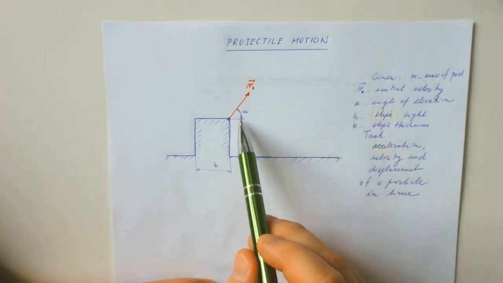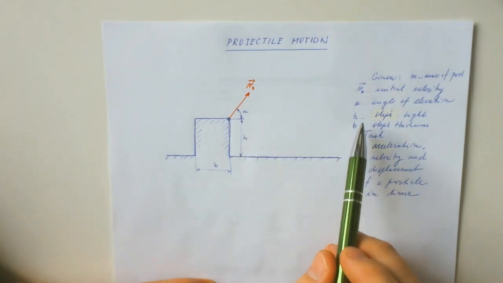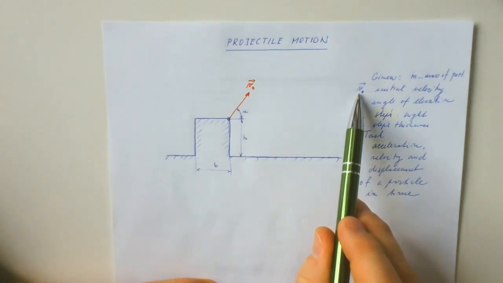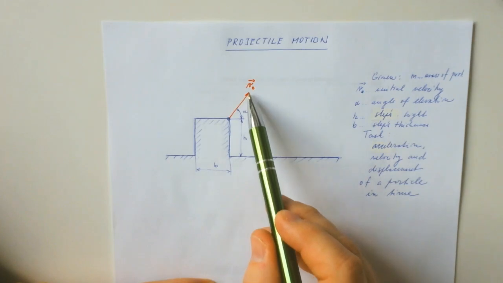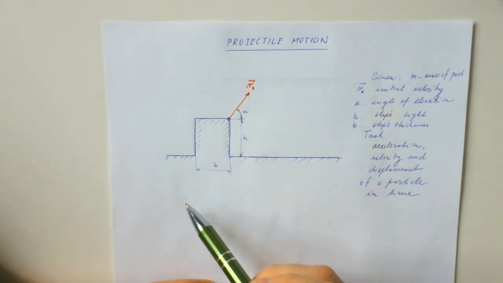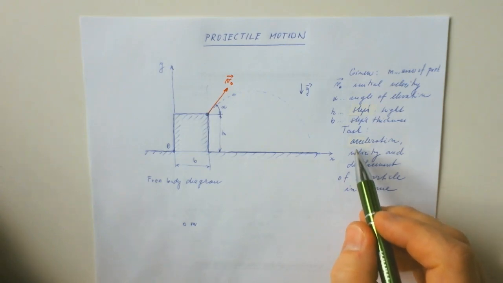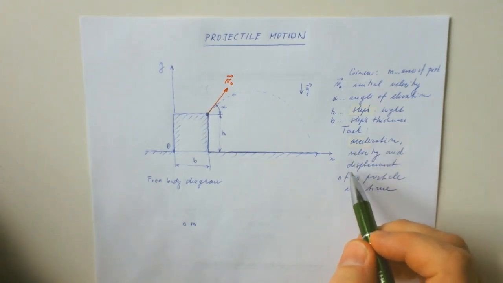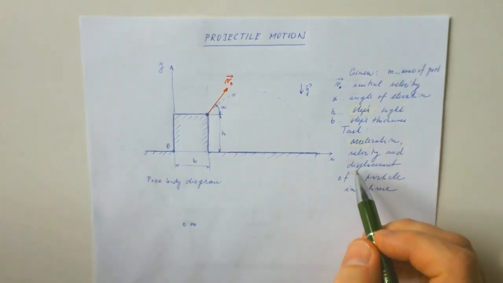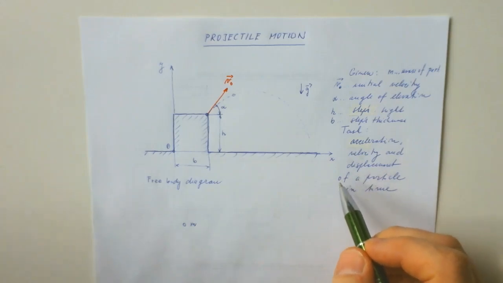There is an angle of elevation alpha, and v0 is the initial velocity. We would like to calculate the acceleration, velocity and displacement of that particle.